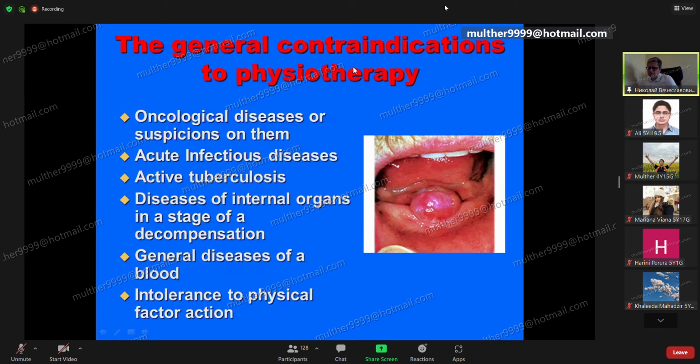General blood diseases, blood system diseases such as leukosis, thrombophilia, thrombocytopenia, hemorrhagic vasculitis, and others. And of course, oncological blood disease. As you can see in the last point, intolerance to physical factor action.